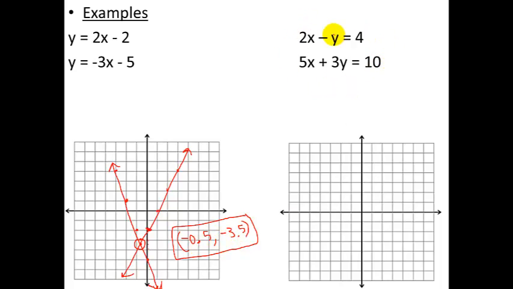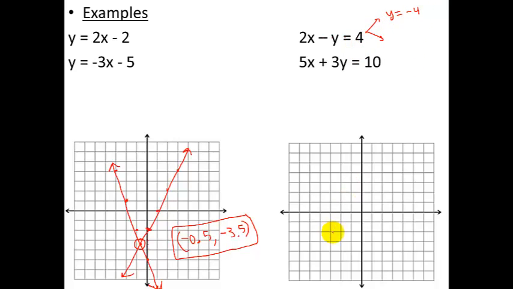What happens if the lines start off in standard form or some other form? Well, you need to solve them first into some kind of form that you can graph, or you can graph by finding the intercepts. So I'm going to graph this one by finding the x and y intercepts and see if you guys can remember how to do that. So to find the y-intercept, I set x equal to 0. So imagine this right here is gone. I just have negative y equals 4, so y equals negative 4.